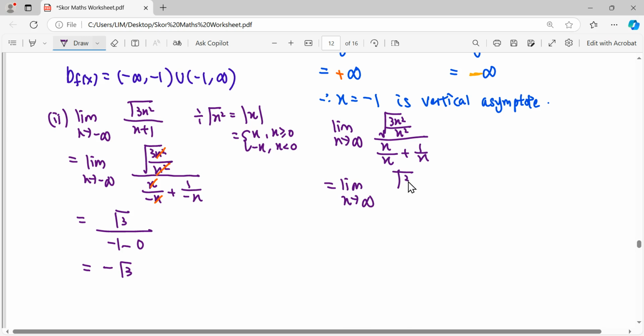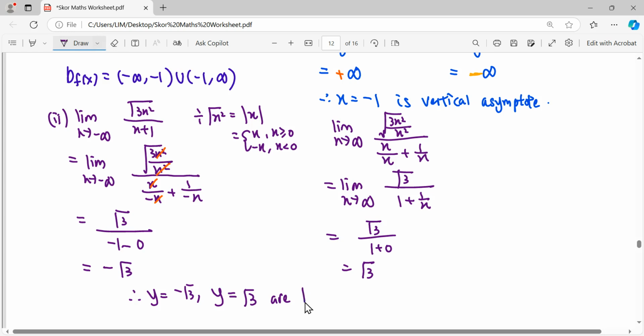Then you simplify, you get 3, 1 over x. Evaluate your limit, 3. So this is positive. Therefore, from here, we notice that y equals negative 3 and y equals 3 are the horizontal asymptotes.